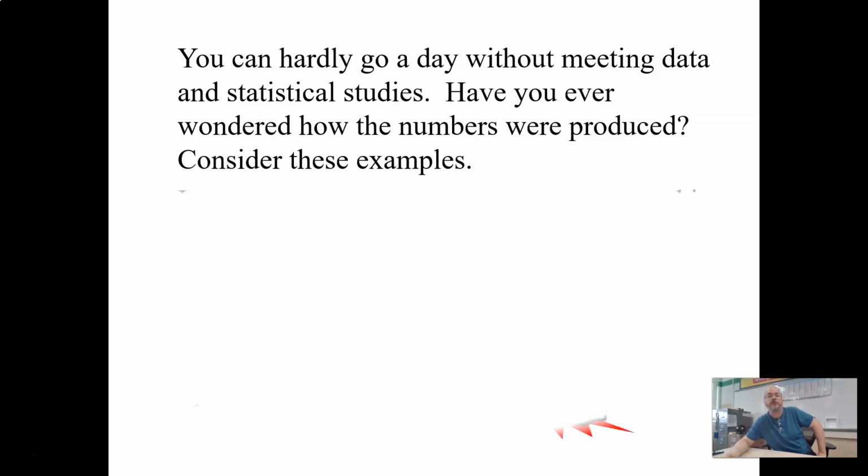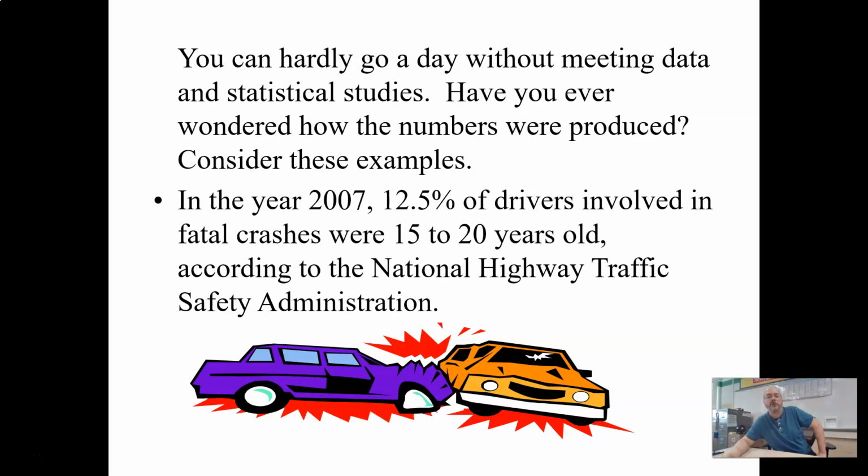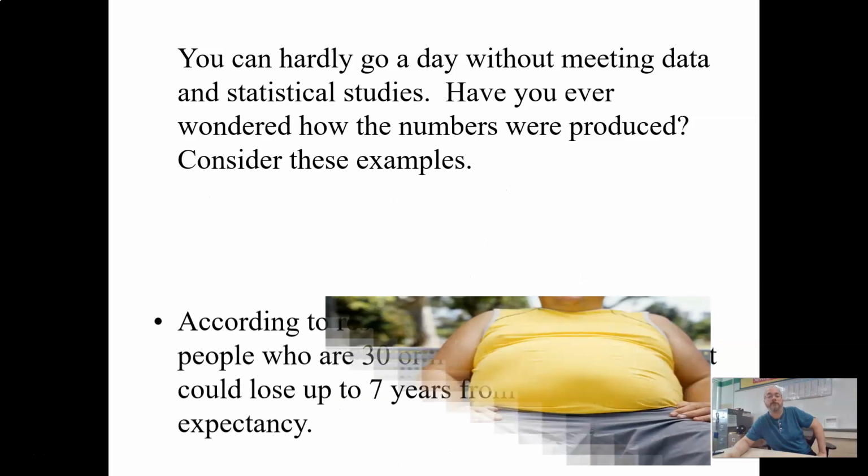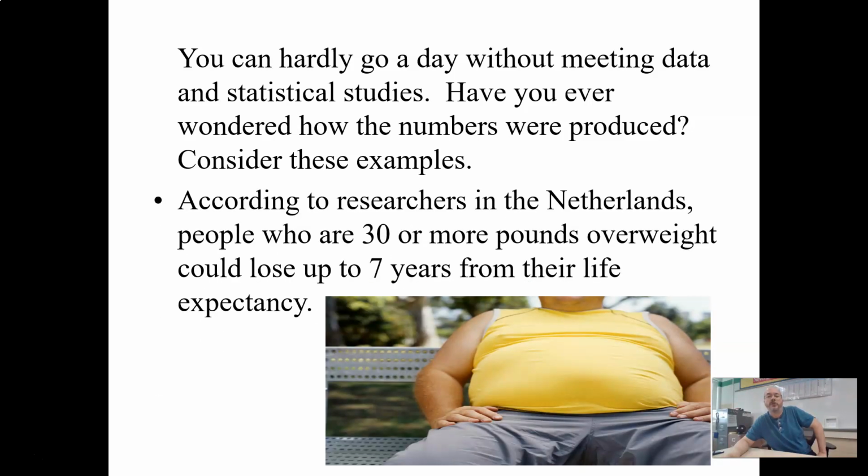Consider these examples. In the year 2007, 12.5% of drivers involved in fatal car crashes were 15 to 20 years old, according to the National Highway Traffic Safety Administration. According to research in the Netherlands, people who are 30 or more pounds overweight could lose up to 7 years from their life expectancy.